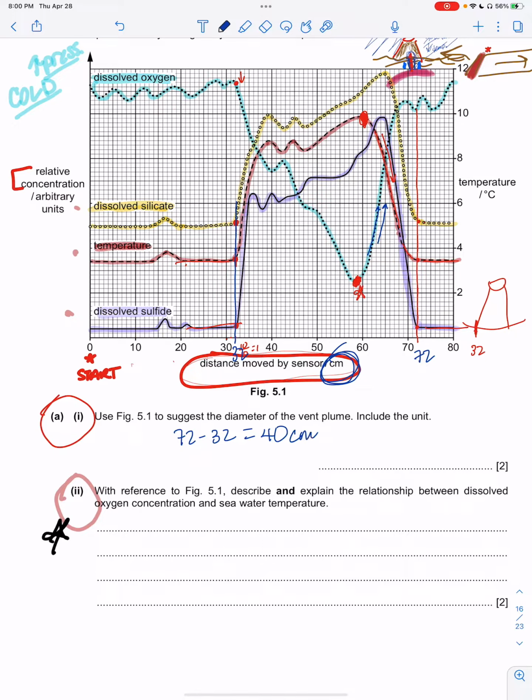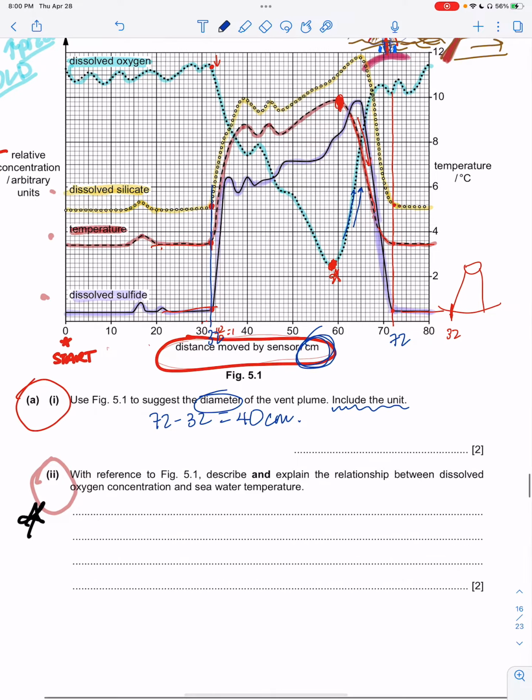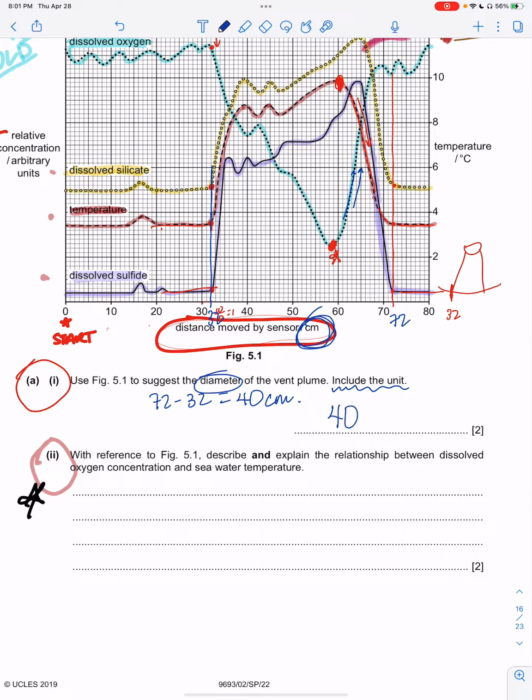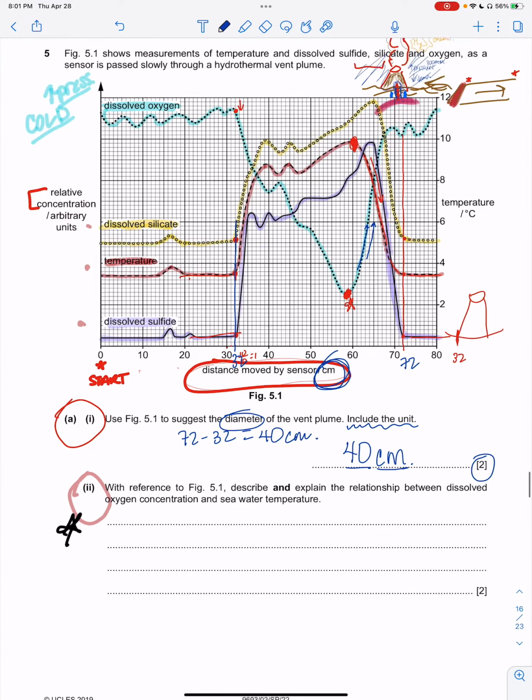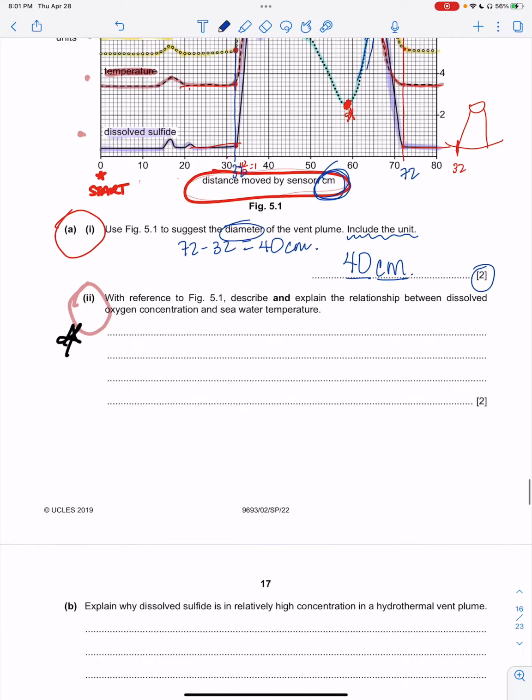Centimeters. Diameter, you need a unit, and it says include the unit. 40 centimeters. 2 marks. 1 mark for the centimeters, 1 for the correct answer. I don't know why that thing's 29, and bless your heart if you tried to decipher what makes it 29, because so did I, and then I felt so stupid, and it's no good.